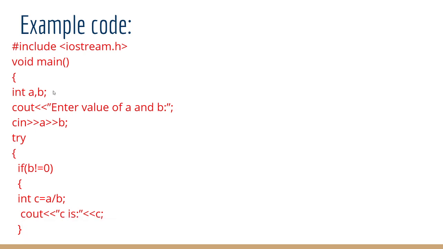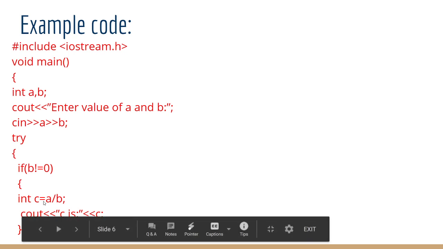Here I have given a division by 0 error example. #include <iostream.h>, void main, int a, b. Enter the values of a and b. So I am getting the a and b values from the user, a is divided by b, and the result will be stored in c. If b is not equal to 0, then we get the c value and we can print it.